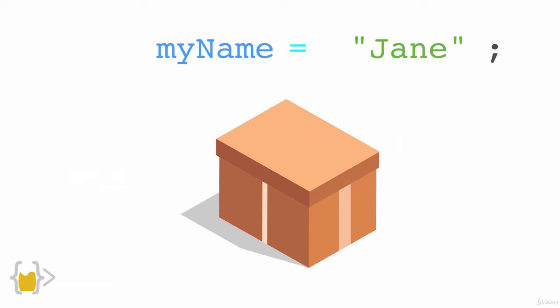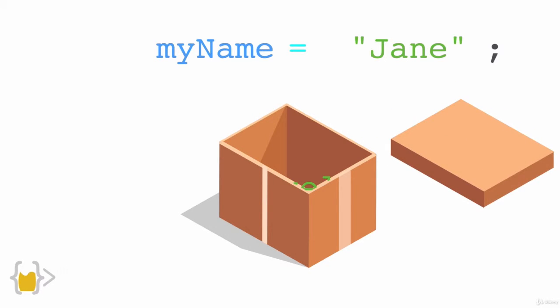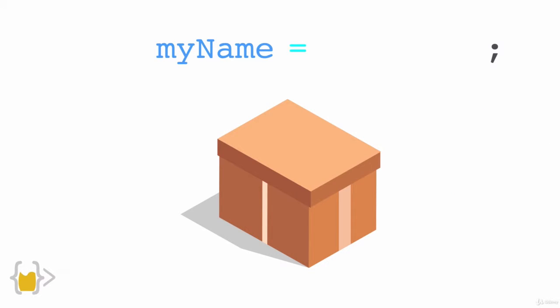And what that means is that the computer will find the box that has the name of my name, it'll take out the content that's currently contained and delete it, and then it will reassign it a new value depending on what I wrote on the right-hand side of the equal sign. And with that line of code, I've varied what's contained inside my box. Notice that in this case, I don't have to repeat the keyword var again.